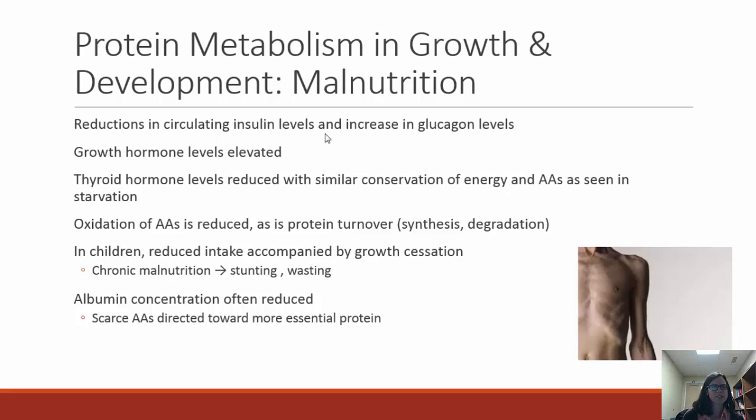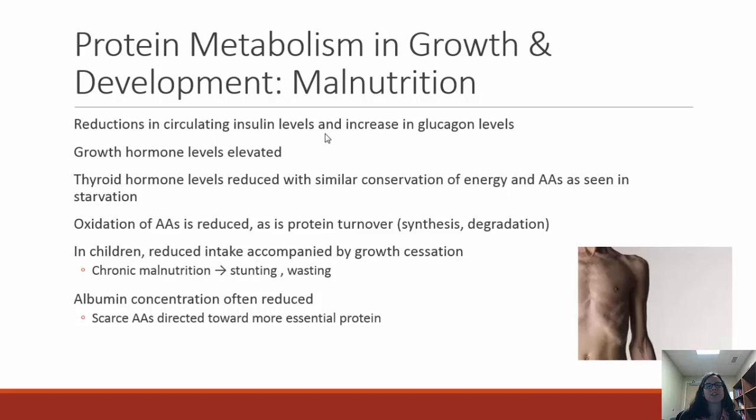Historically, albumin concentration has been used to assess nutritional status, and it still is in certain settings, but the reliance on albumin in order for us to diagnose malnutrition is decreasing, because in times of stress, such as injury and disease, which is usually what's going to bring a person to the hospital, the albumin concentration is reduced anyway.